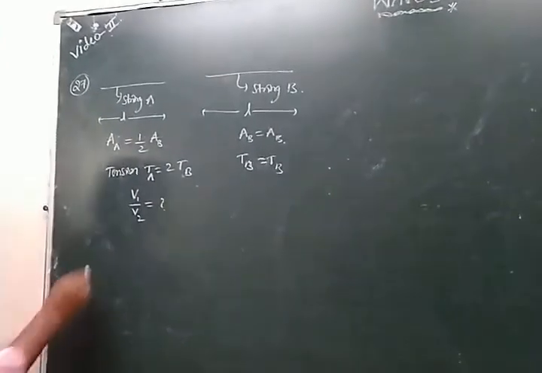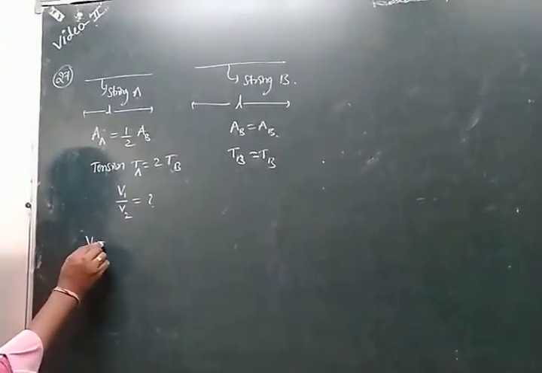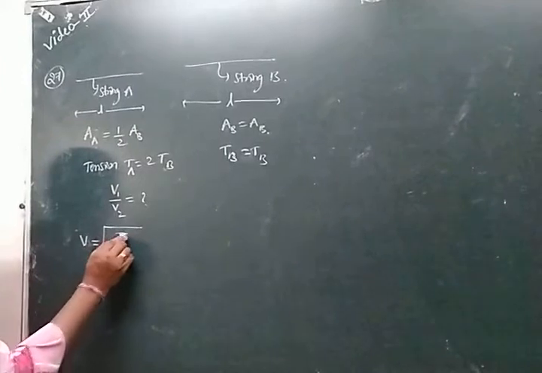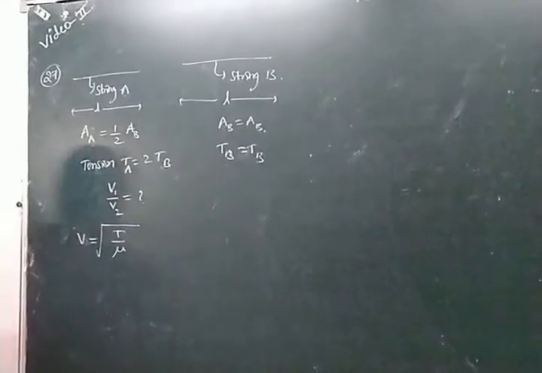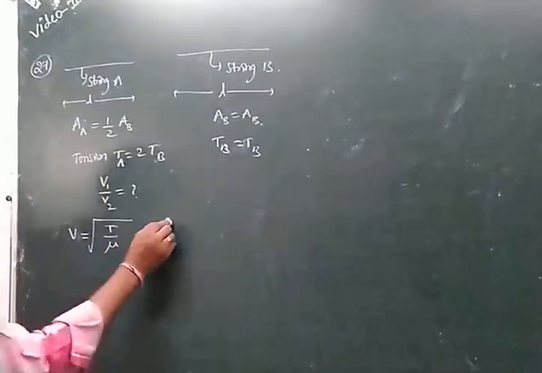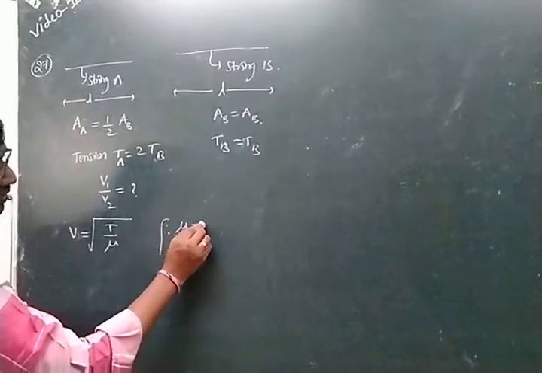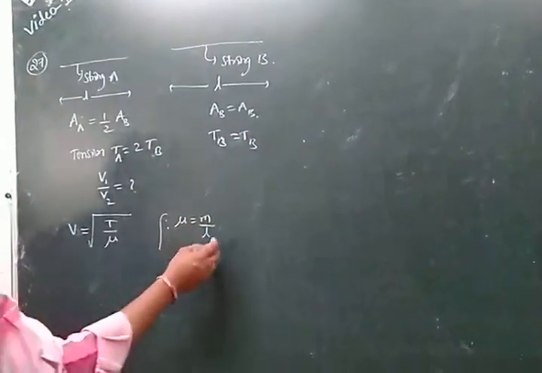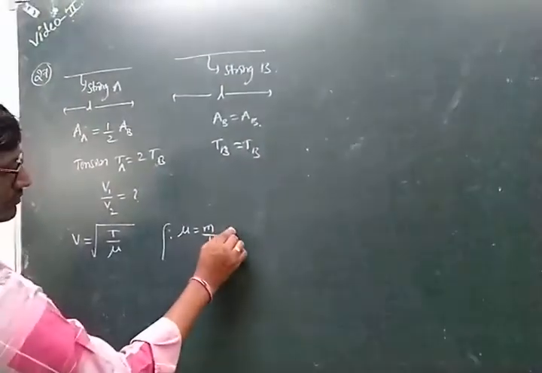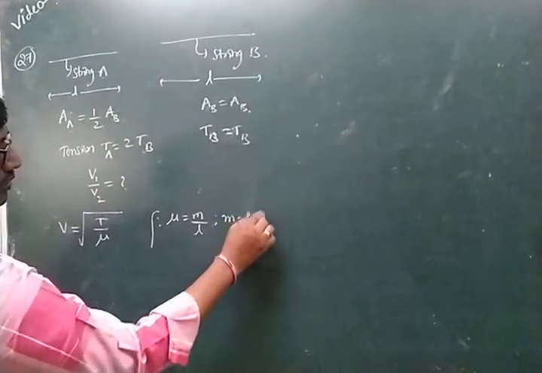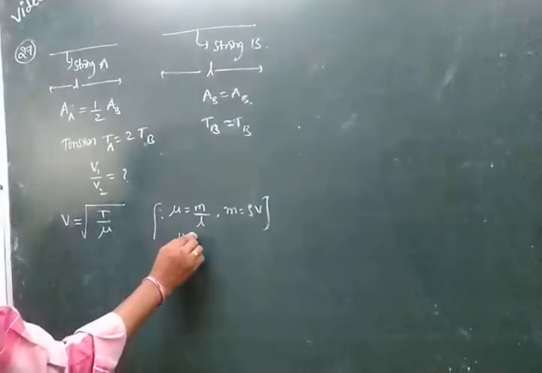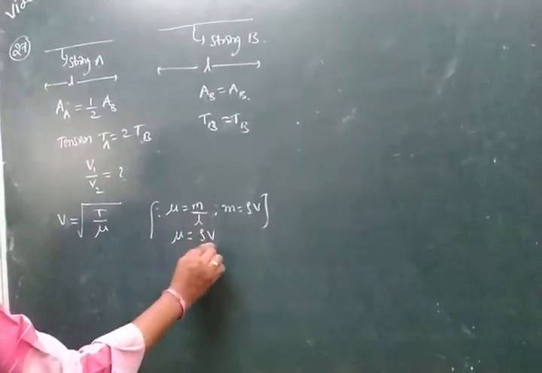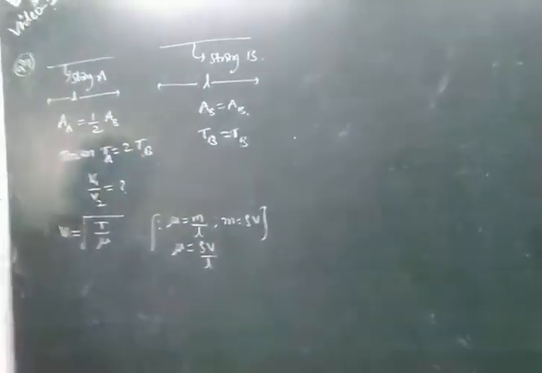We know the formula: the velocity of a string V is equal to the square root of T by nu, where nu is the mass per unit length. Mass is equal to density into volume, so nu is equal to density into volume by length.